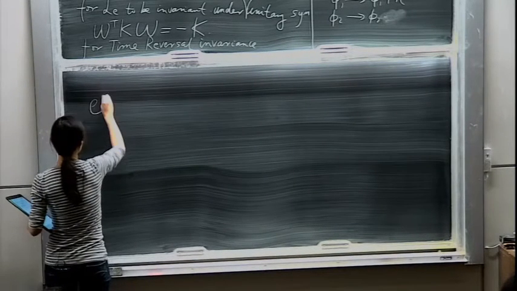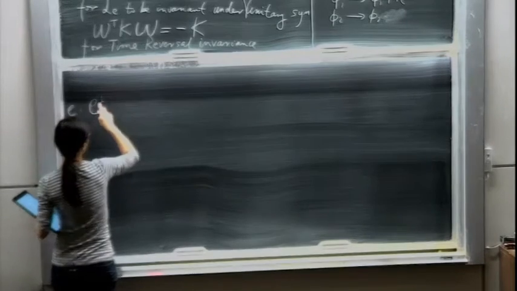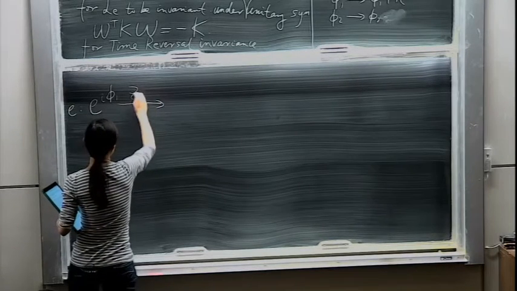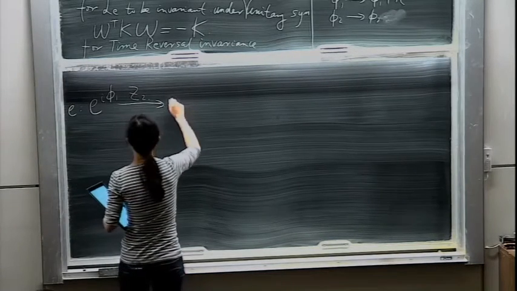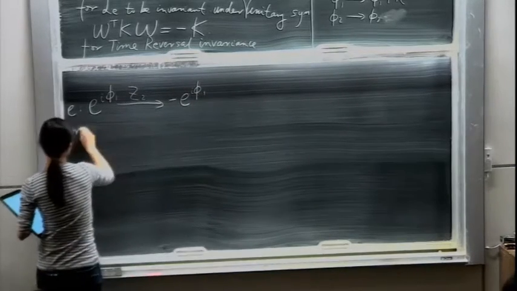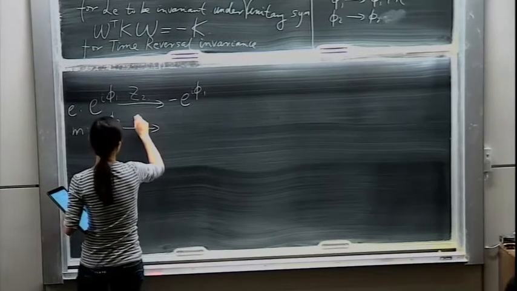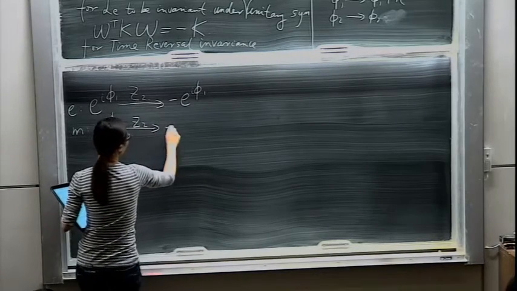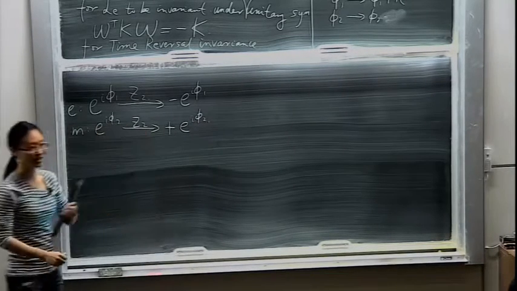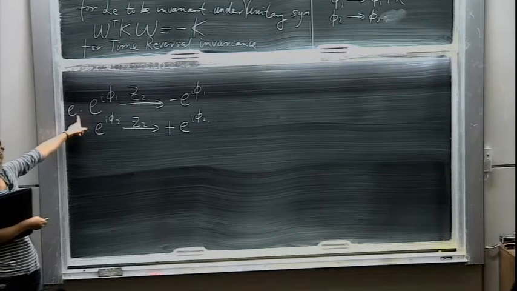You can see that the anyon creation operator of the E particle, which is e to the i phi 1, under this Z2 symmetry gets a minus sign. And the creation operator of the M particle does not change.